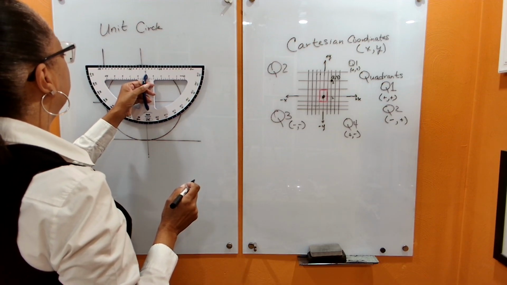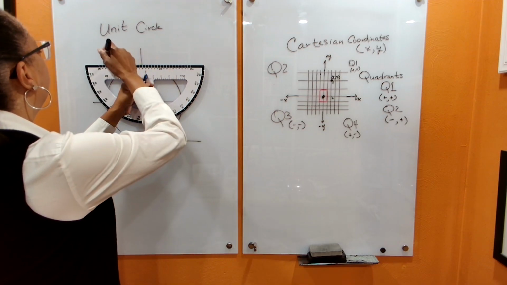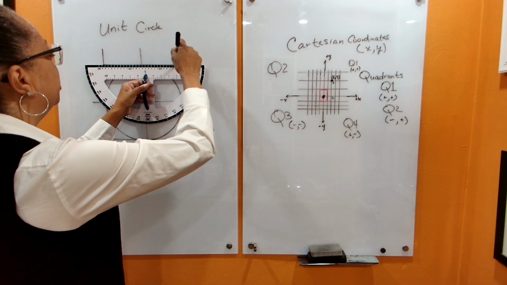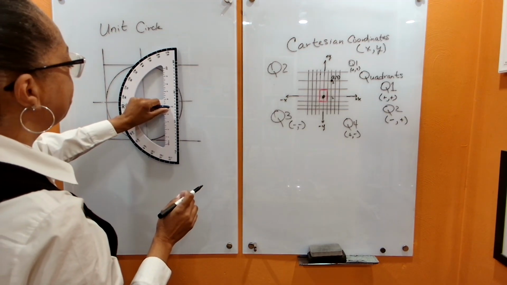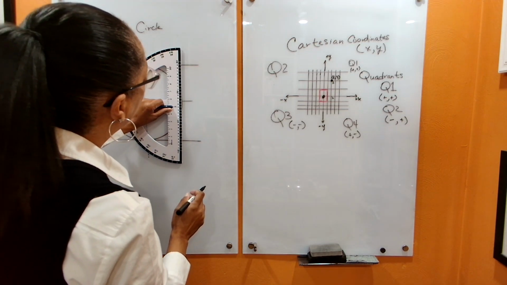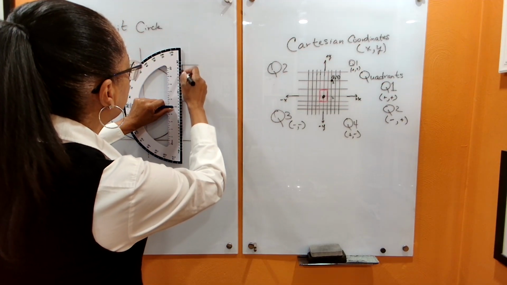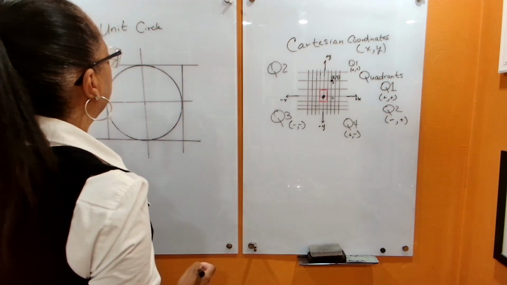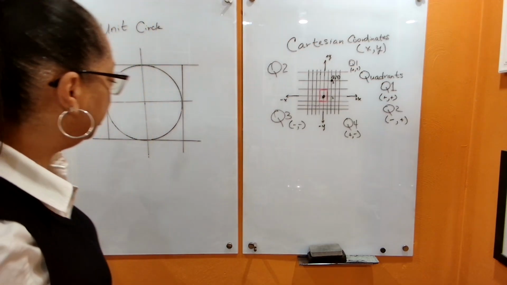Notice how I'm putting the edge right at the tangent point on the edge of the circle, right? And box. Okay, not bad.